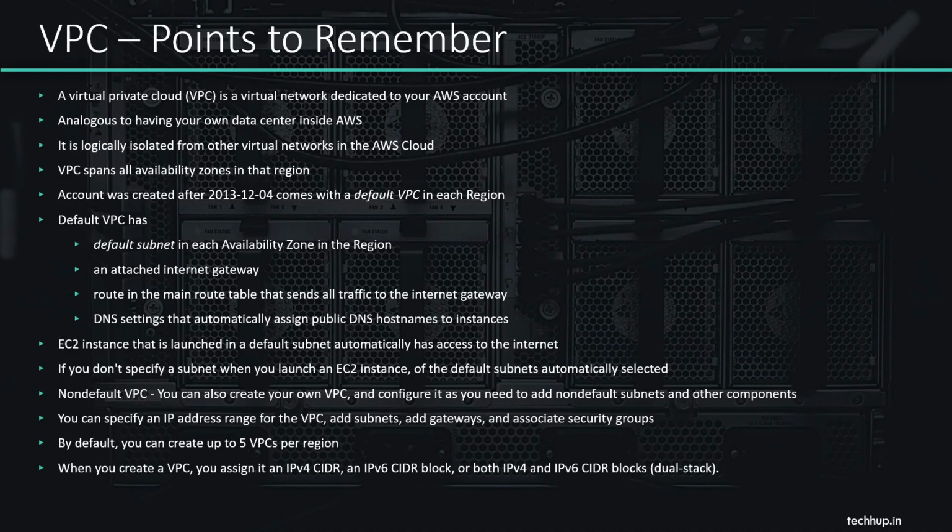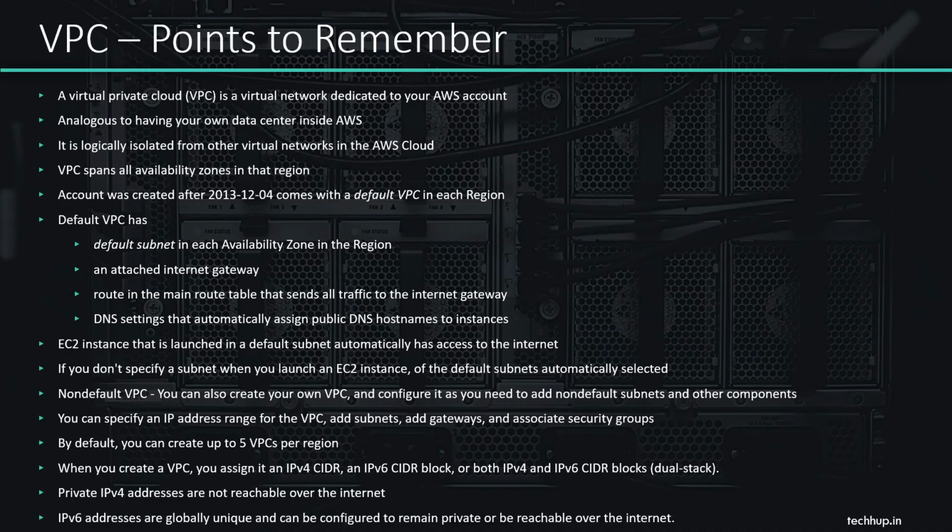When you create a VPC, you assign it an IPv4 CIDR or an IPv6 CIDR block, or both IPv4 and IPv6 CIDR. In that case, where you apply both, it is called a dual stack. Private IPv4 addresses are not reachable over the internet, whereas IPv6 addresses are globally unique and can be configured to remain private or be reachable over the internet.